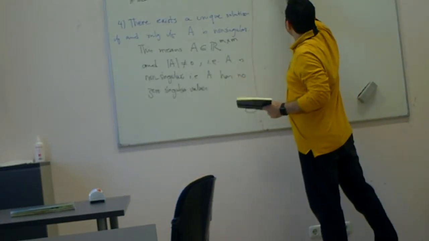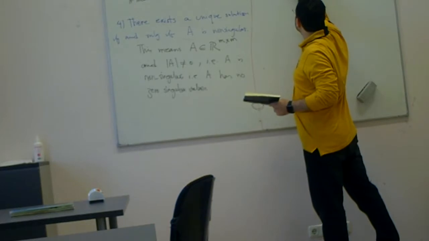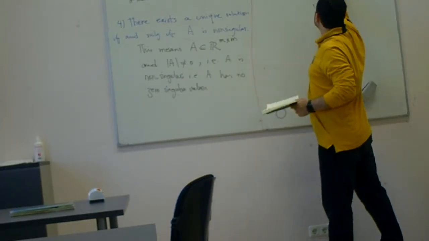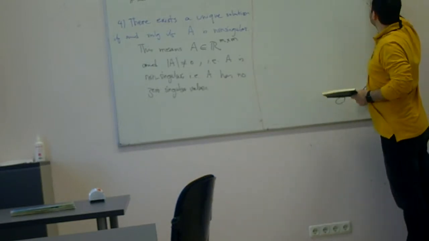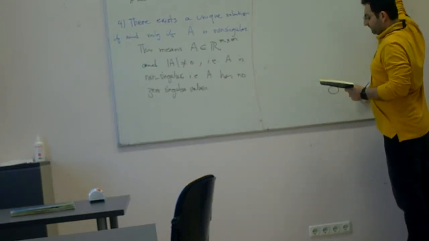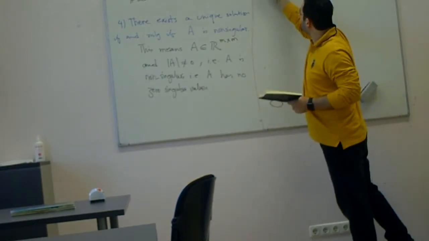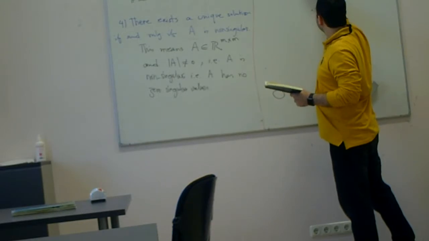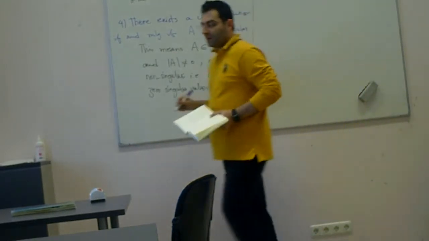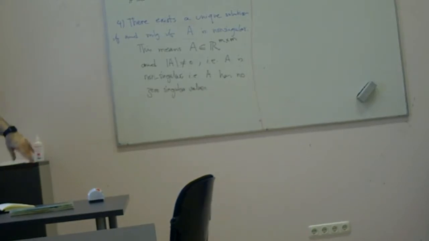There exists at most one solution for all B's. What do you mean at most one solution? Not more than one. At most one means that we have either no solution, or if there is a solution, it's a unique solution.